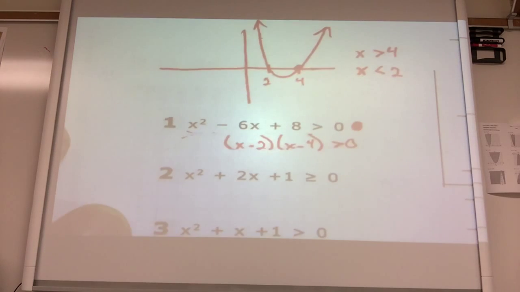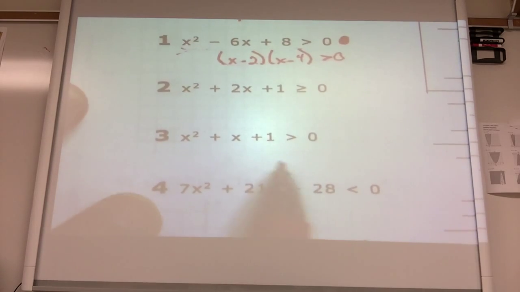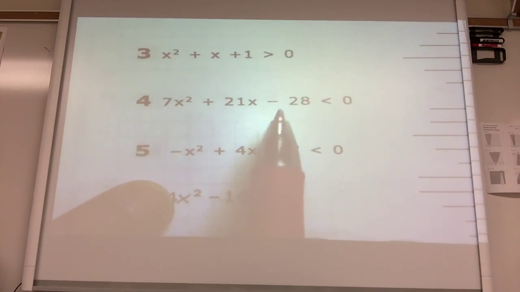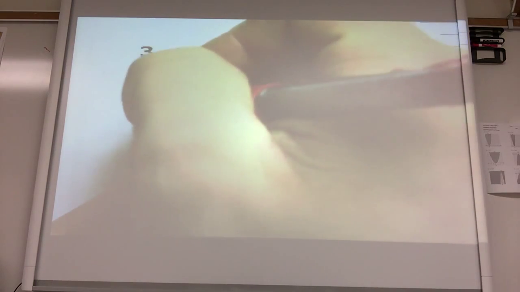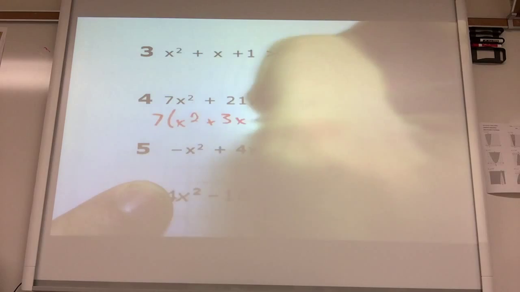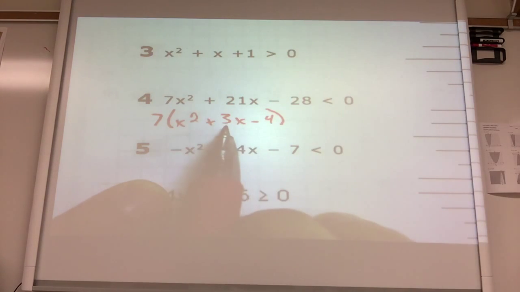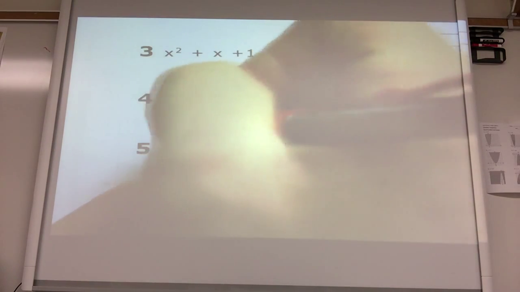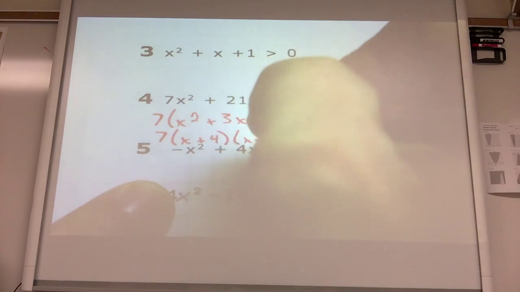Let me go ahead and do one more. So let's see. I'll go ahead and do this one right here. So if I factor this, let's see if I can. I've got 7x squared plus 3x minus 4. So +4 times -1 is going to give that +3 in the middle. So 7x plus 4, x minus 1.